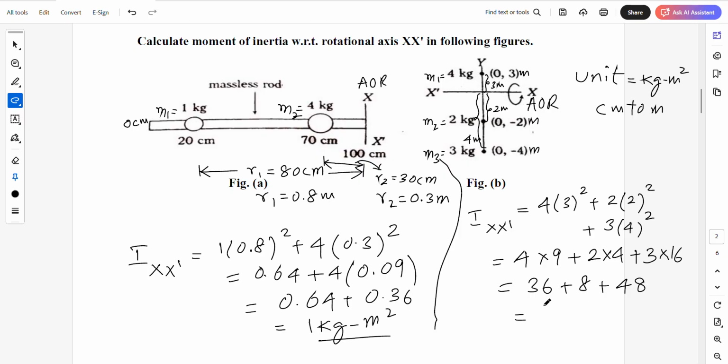That is equal to 36 plus 8 plus 48. That is going to be 90 kg meter square. This is for figure B.